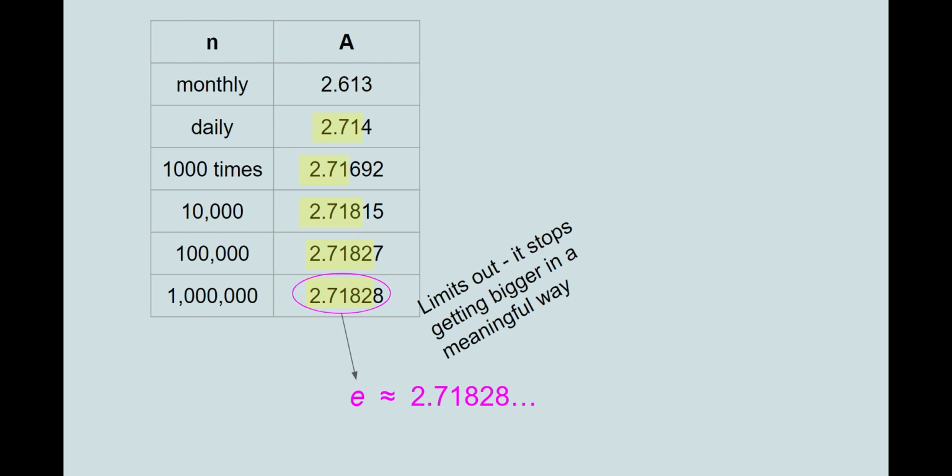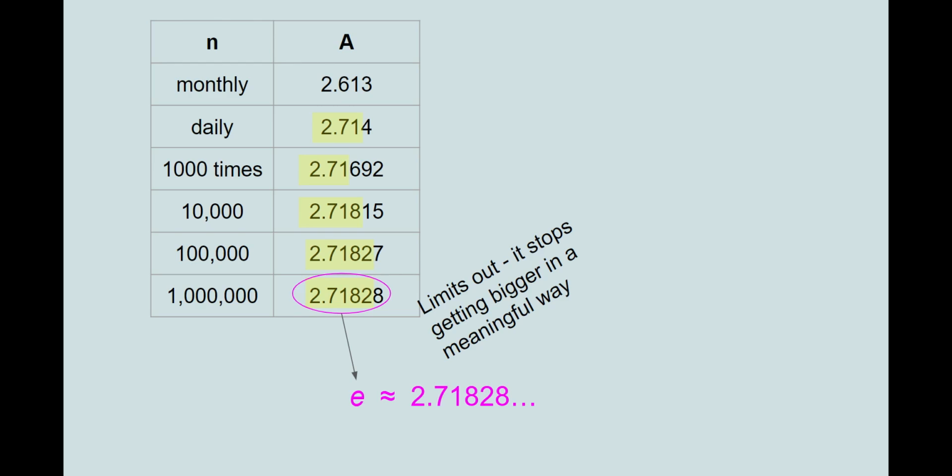I guess the key word is continuous, as in if we keep increasing this number on the left to the point where we're doing it every second of every second, this number still is not going to change. This number E pops up in many different ways in our natural lives, and it is always referred to as the natural base.